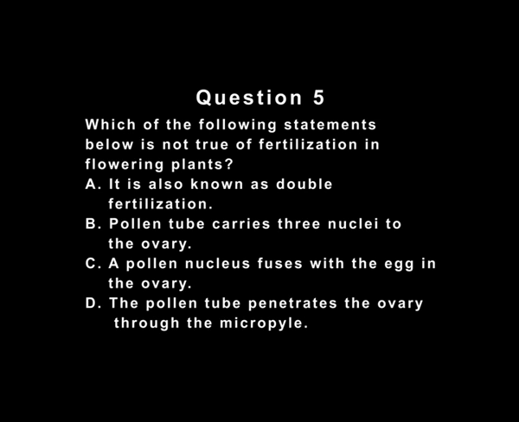We know that fertilization in flowering plants is double because 3 nuclei are carried to the ovule. One of them is the tube nucleus and the other 2 are male nuclei.